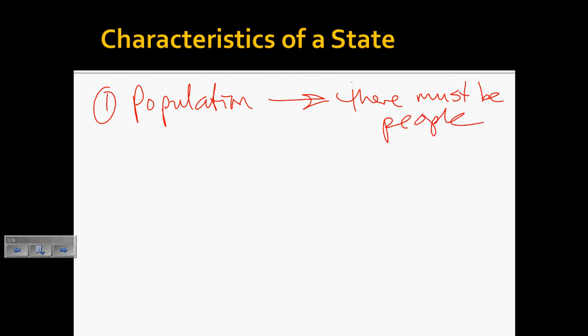Number 2 is this idea of territory. Territory is simply borders. The state that is created, we know what the borders are. Now this can be a challenge because when we look at this in the context of the current state of the world, one of the newest countries that has been created is the country of South Sudan.